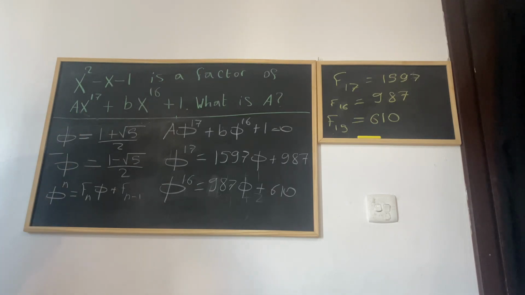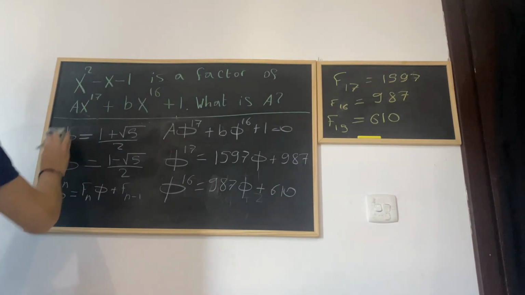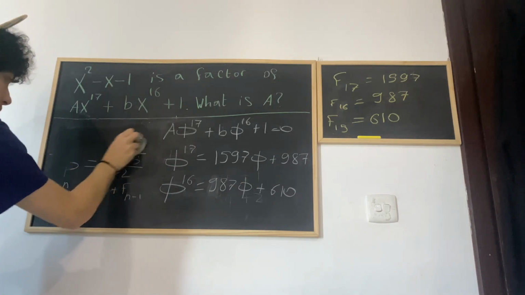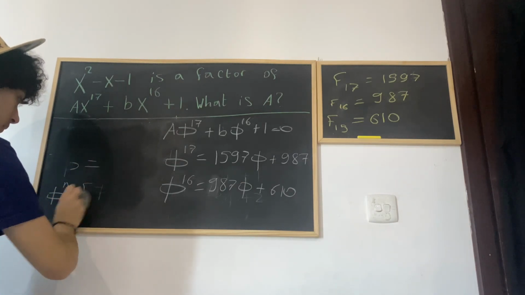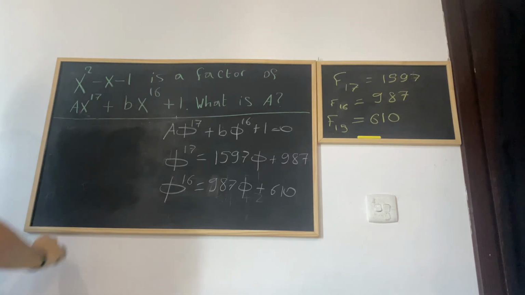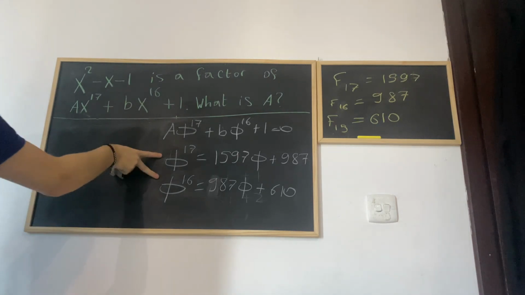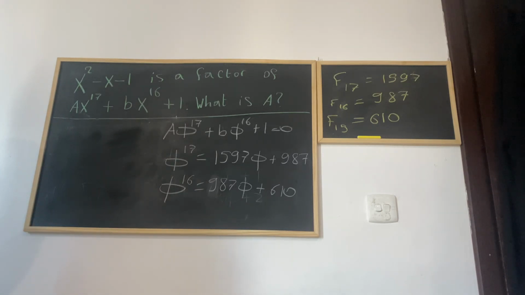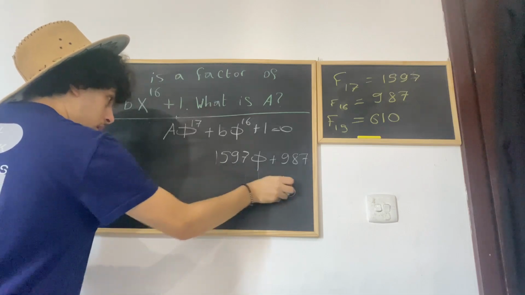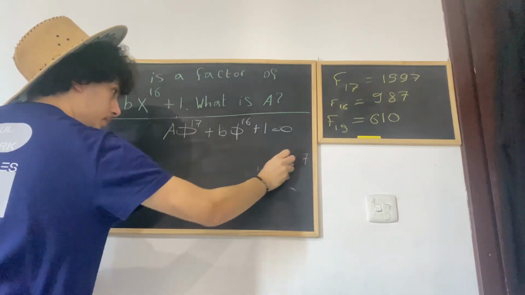So let me erase this left side because we don't need it anymore. There we go, bye-bye left side. And if you want to take a screenshot or write these two down, write them down because I'll erase them as well. Okay.